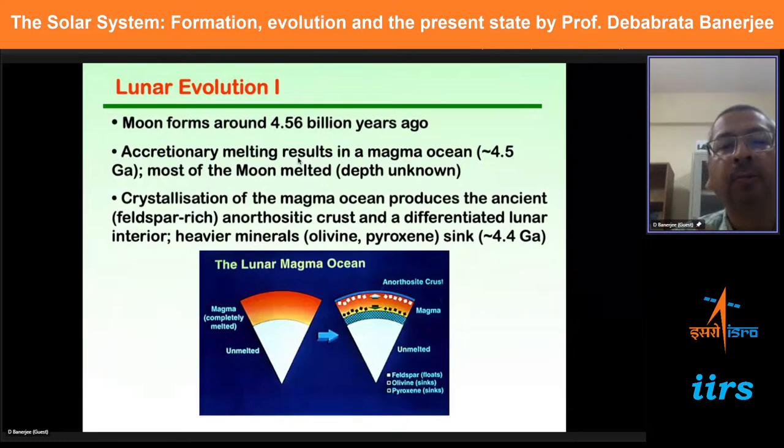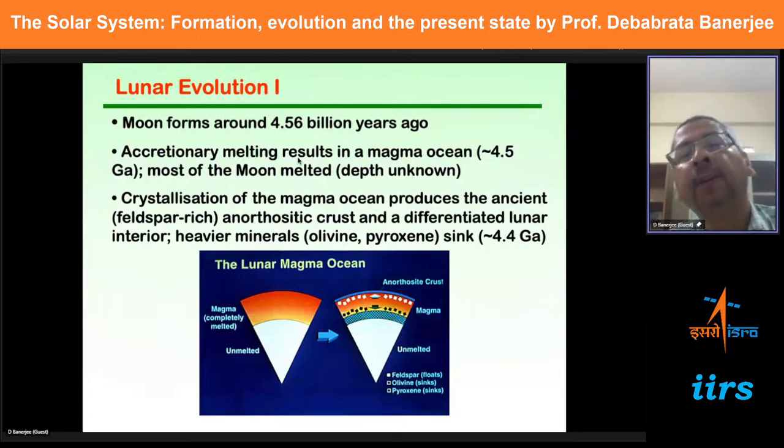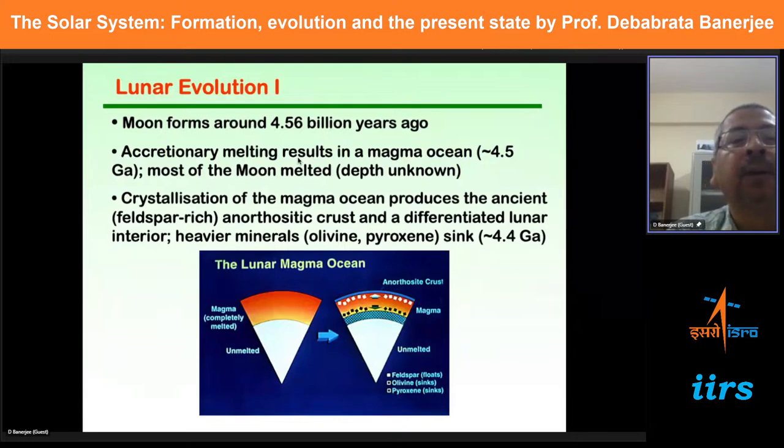This is of course a heat source, but is there any other heat source? This was highlighted in recent research as well, even from our group, and from a recent mission sent by the Chinese.